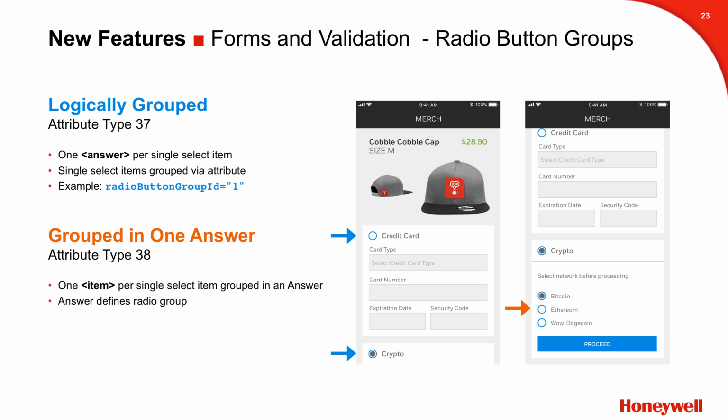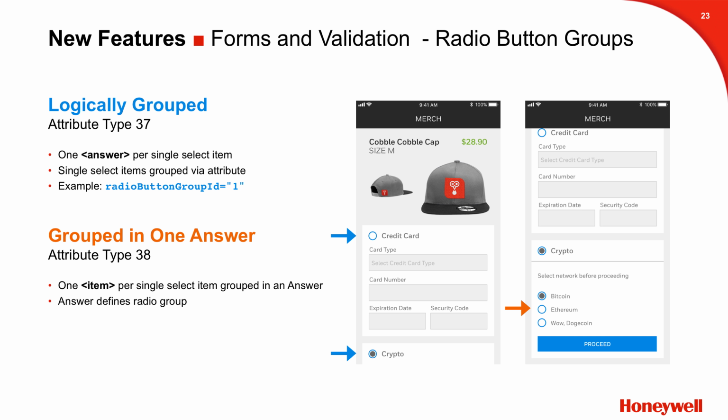You can see it's two answers. We have the first answer with credit card, which is attribute type 37, and then some other answers below that, building the form for the credit card input, and only afterwards you can see the crypto radio button.